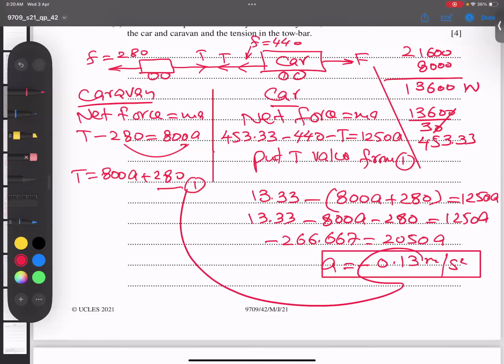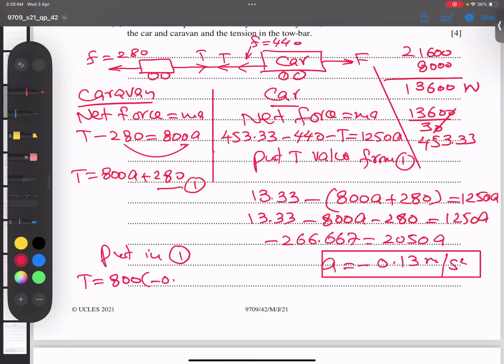This value I'm going to plug in here, into equation 1. So the tension becomes 800 times negative 0.13 plus 280. If I type in the calculator, I get 176 newtons. So this part is also clear.